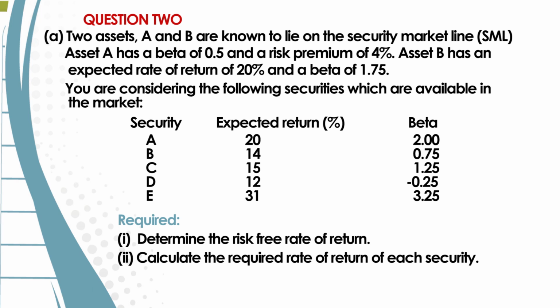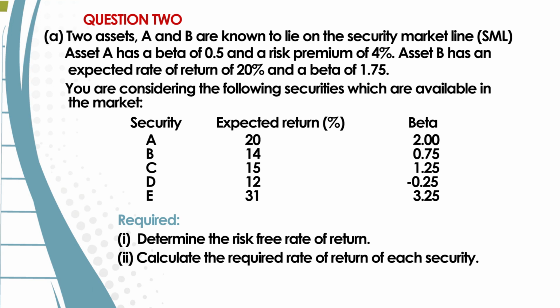Two securities A and B are known to lie on the security market line. Asset A has a beta of 0.5 and a risk premium of 4%. Asset B has an expected rate of return of 20% and a beta of 1.7.